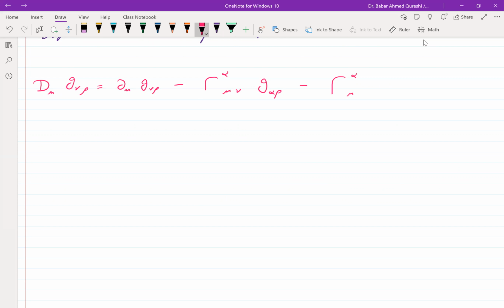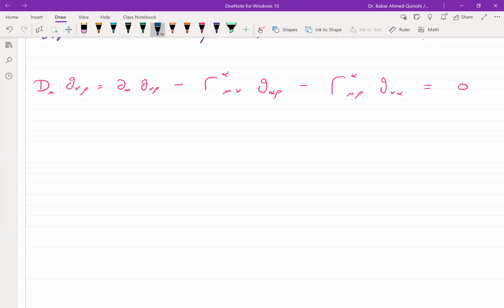So once you remove the nu, which came inside as an index of the connection, and now you are removing the rho, right? So nu alpha. Is this clear? I hope this is now clear how to write this derivative. And this you are putting equal to 0.